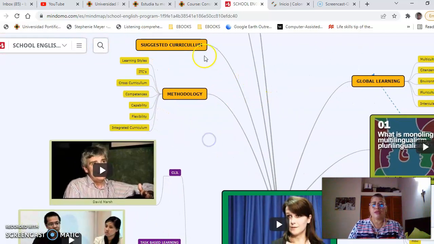From there, we have another very important aspect, the suggested curriculum. This was also designed in our country, currículo sugerido, and we find it as currículo sugerido de inglés. This is connected with Medellín Construye un Sueño Maestro. You're going to find they have almost the same.